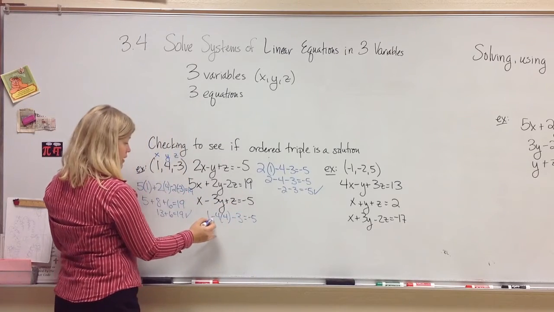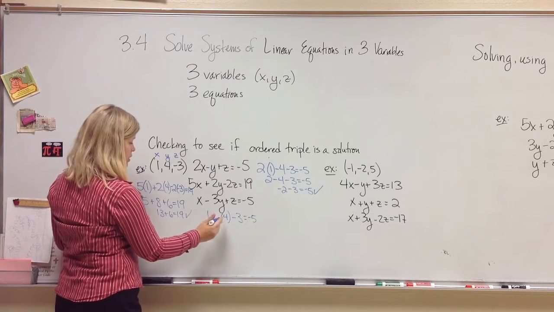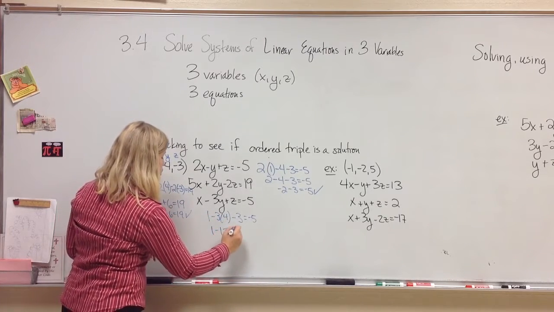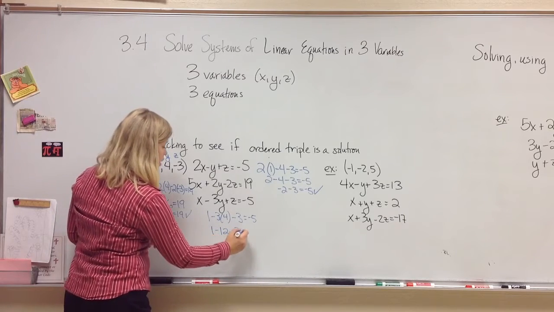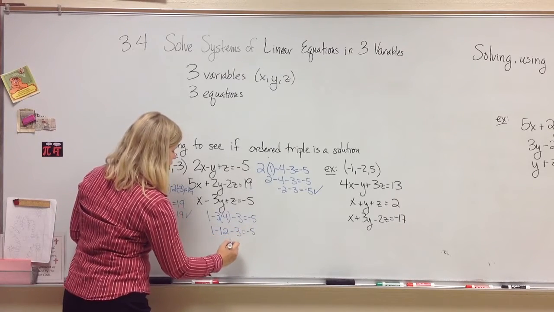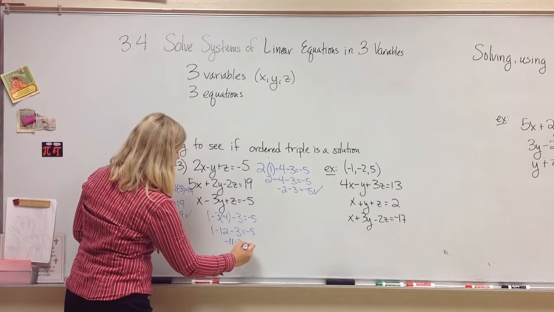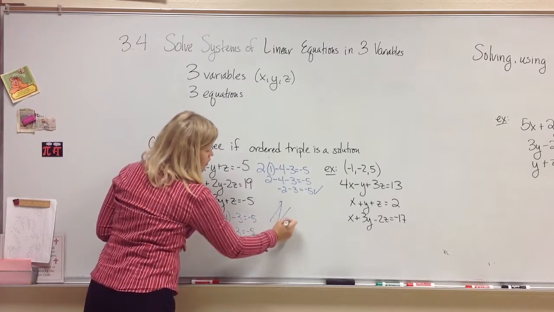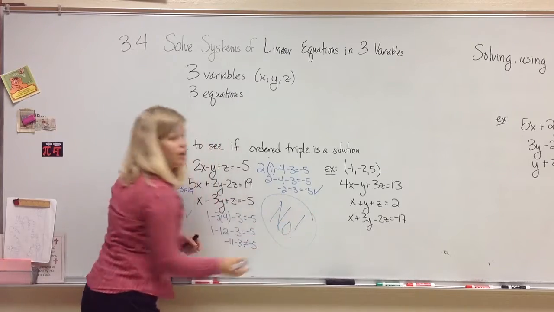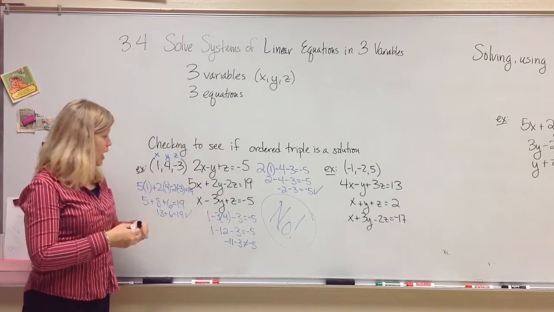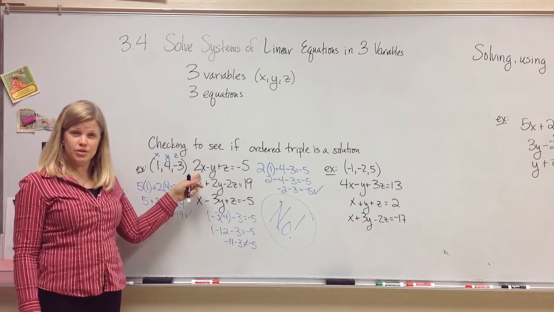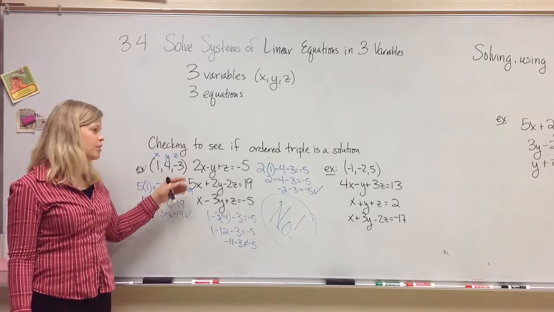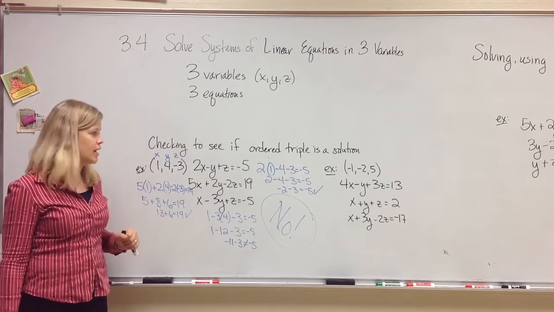Okay, so what is negative, oh, I wrote the wrong thing, sorry guys. -3 times 4 is -12. 1 minus 12, -11, -11 minus 3. There's no way that's -5. So your overall answer here is no, it's not a solution. Now, if you find out it's not a solution on the first one, you might think, shoot, I don't have to do any more. Well, you might check, because maybe you made a sign error.